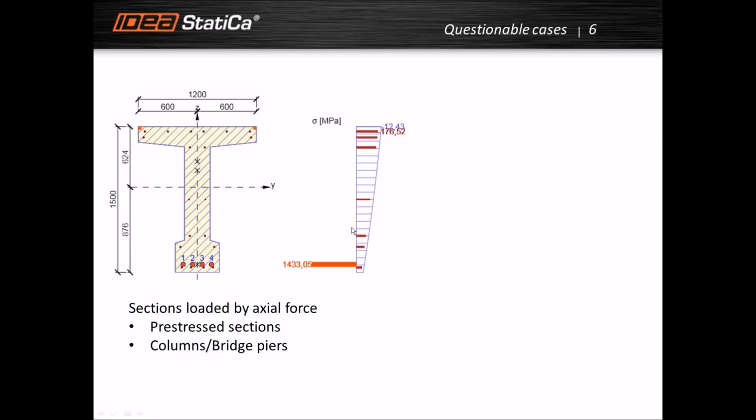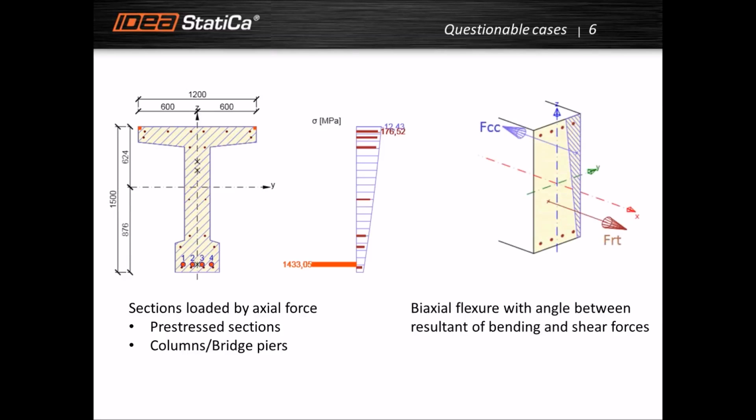This is a frequent case of pre-stressed sections or columns, bridge piers, etc., in which we simply have all the cross sections in compression. And another questionable case is biaxial flexure with the angle between resultant of bending, this one, and the shear force, which is in this picture intended as a vertical shear force in the direction of the z-axis.